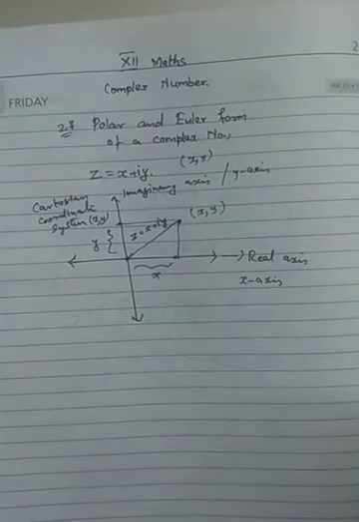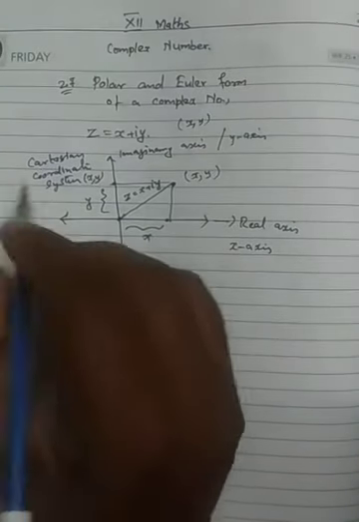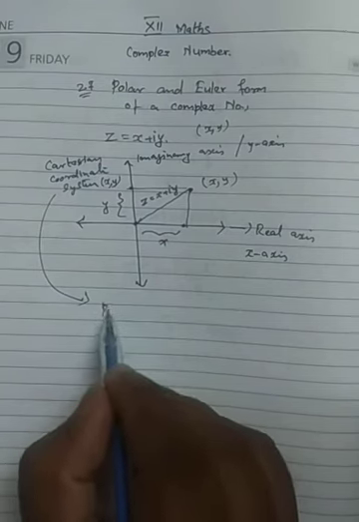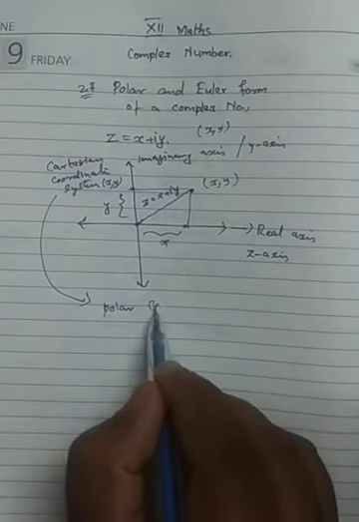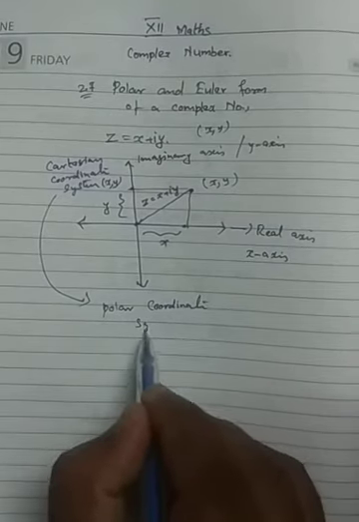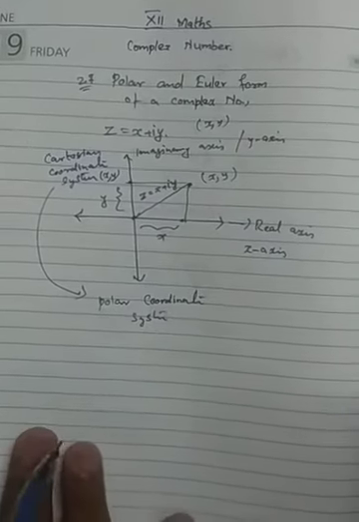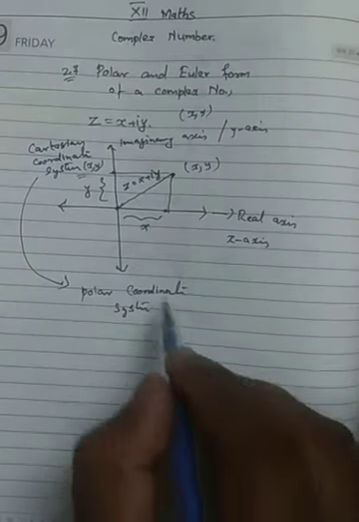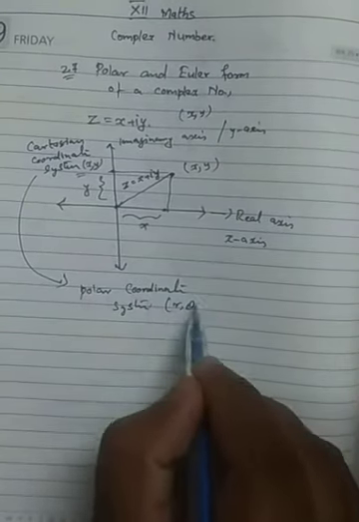But we are going to change this Cartesian coordinate system into a polar coordinate system. What does a polar coordinate system mean? Here, instead of x and y, we have r comma theta.